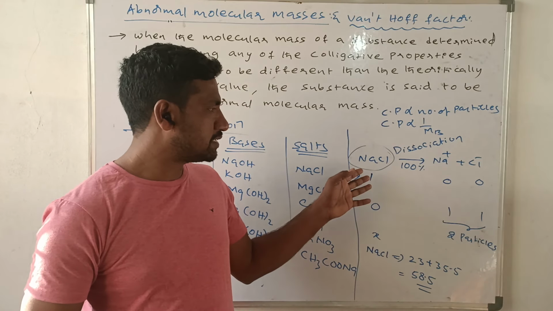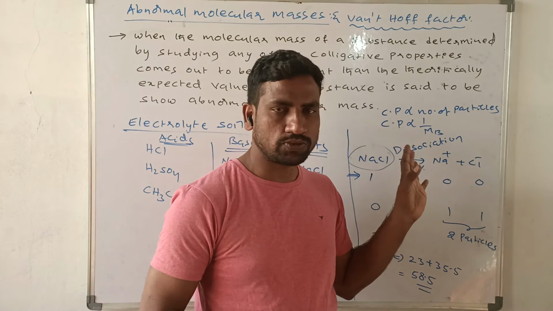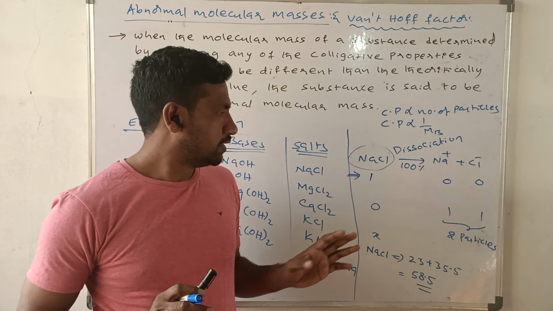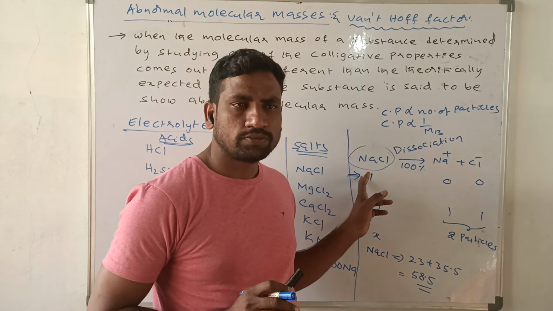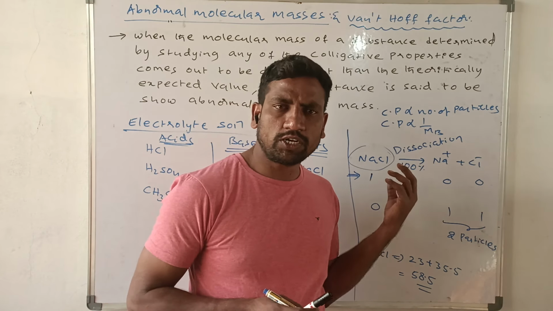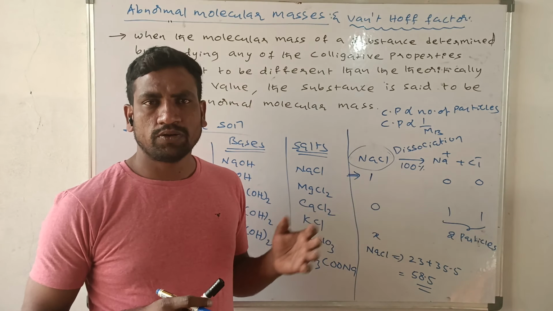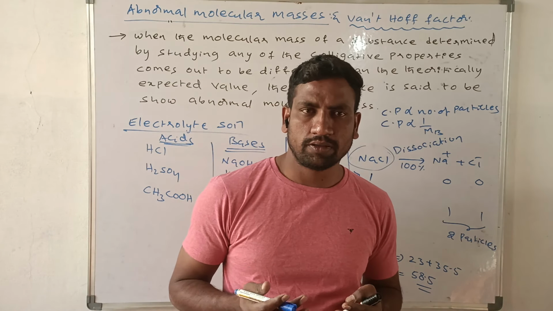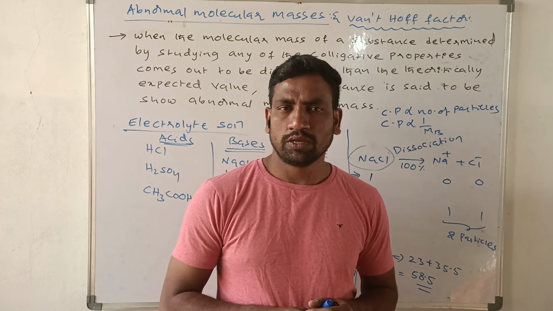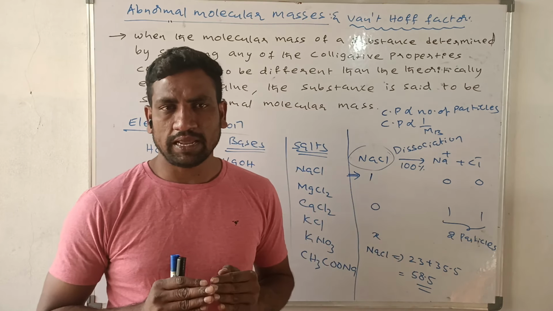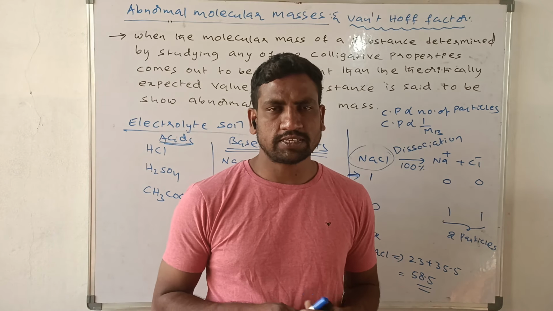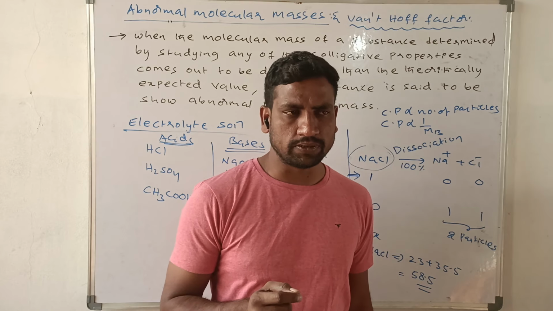Why? Because these are undergoing dissociation. So what is my conclusion? The value you expect, the molecular mass or the colligative property for sodium chloride, we get different. In the case of electrolytes, the substance undergoes dissociation.